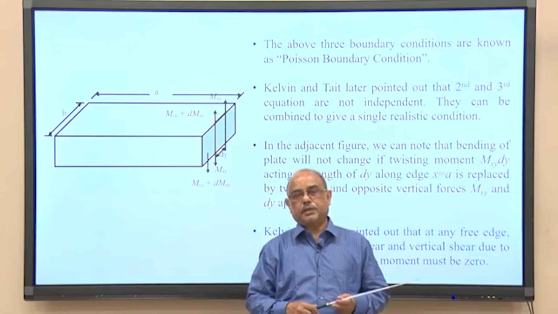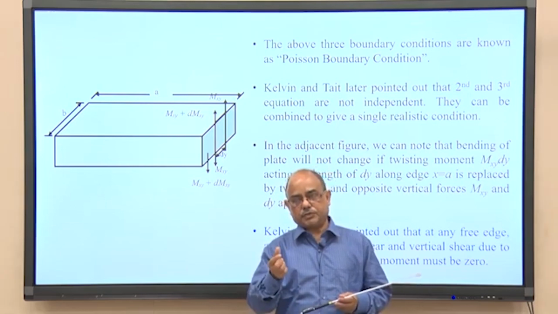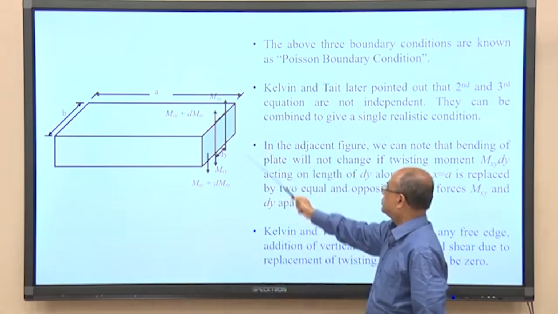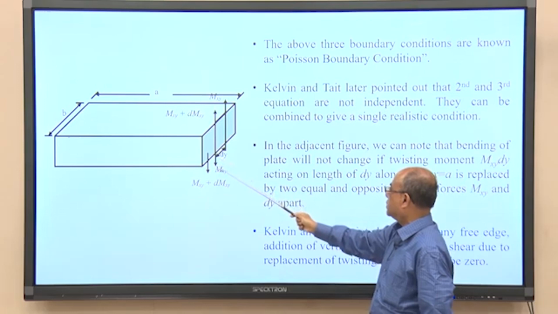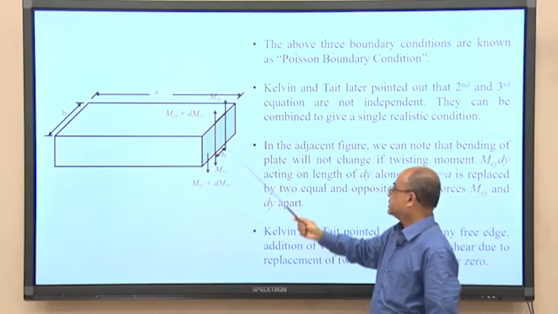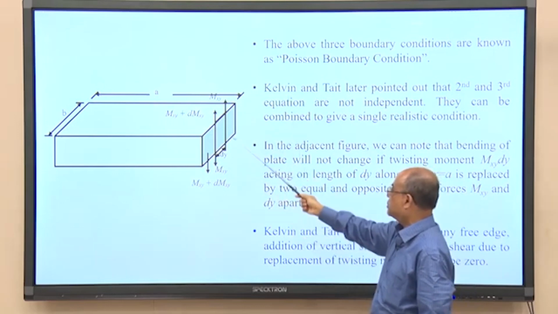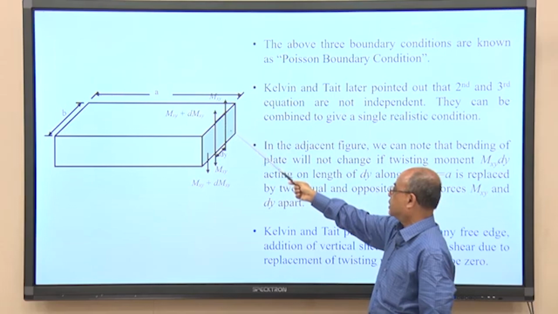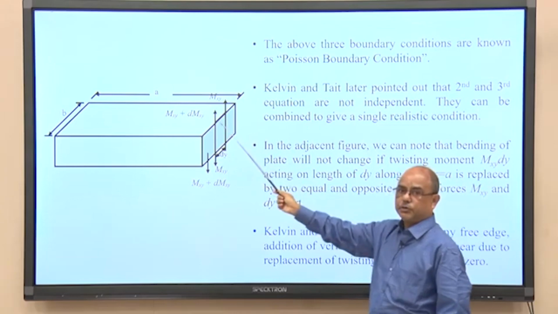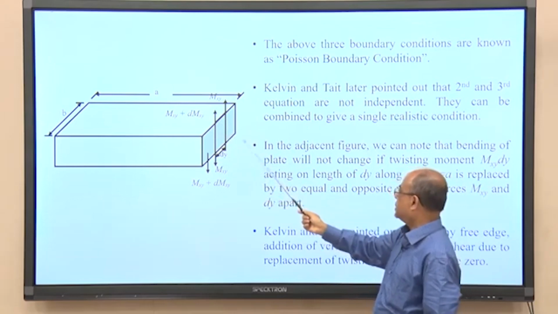Now, you can see this twisting moment mxy dy can be represented by two equal and opposite forces mxy and mxy, so that they give rise to a couple mxy dy. So, mxy dy is equivalent to a couple of two equal and opposite forces mxy.